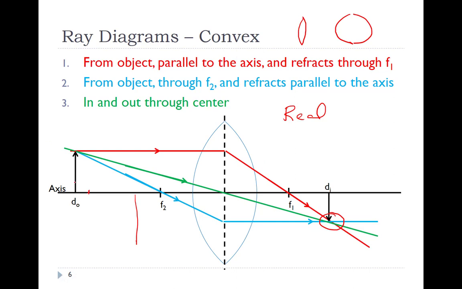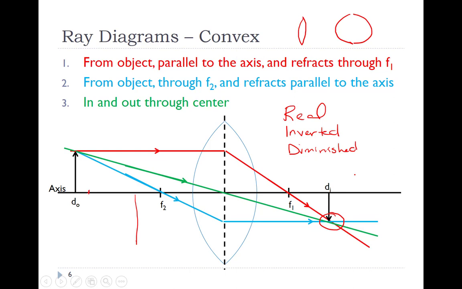If we look, the object arrow points up, the image arrow points down, therefore this image is inverted. And if we compare the heights of the object arrow to the height of the image arrow, you can see that the object arrow is bigger. Therefore, this is a diminished image. The image is not as tall as the object.